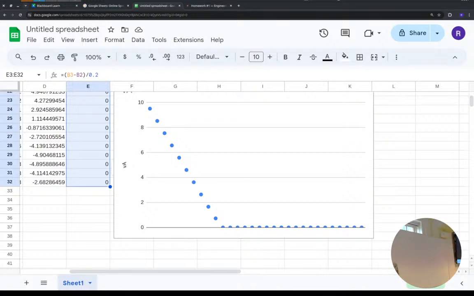And there I'm doing a numerical calculation, neighboring points of position divided by change in time.